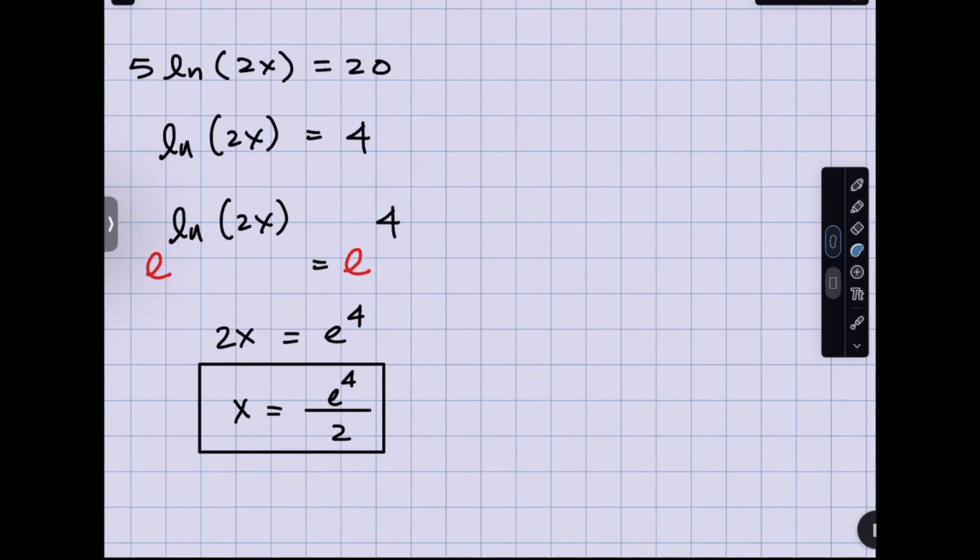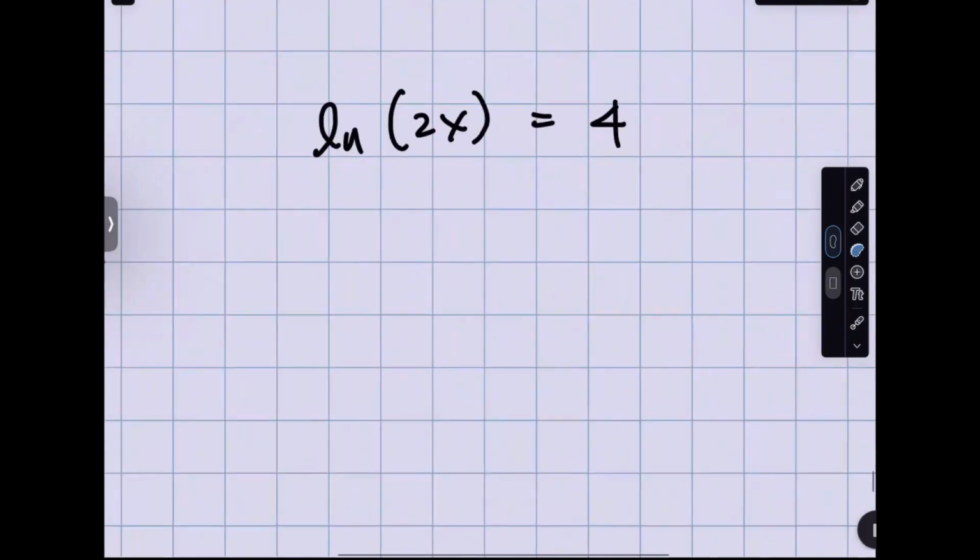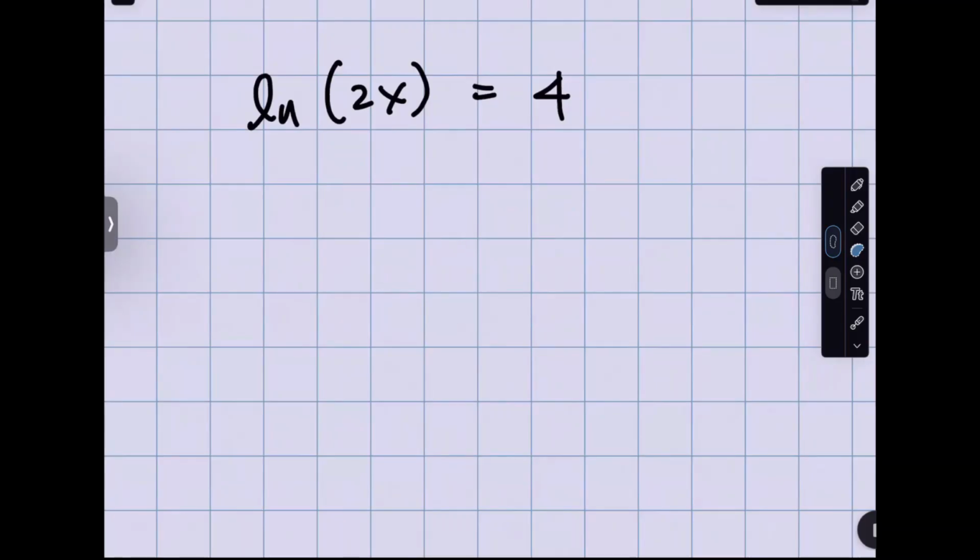Okay or not? Okay, let me ask you this. How would I use this and convert it to exponent form? Let's convert that to exponent form. I want to see how you guys do with exponent form.